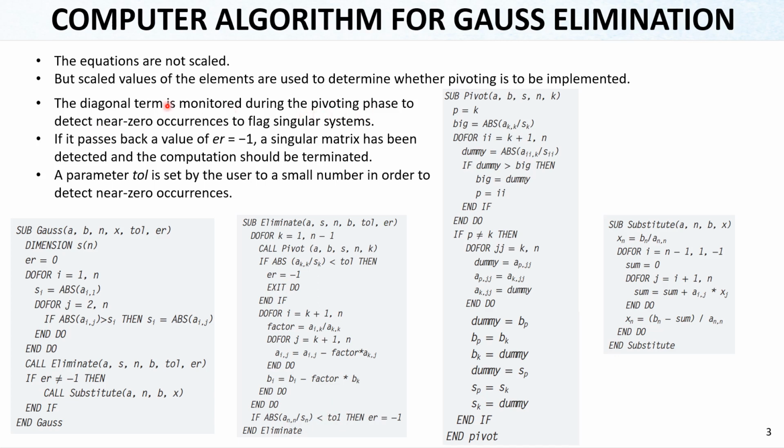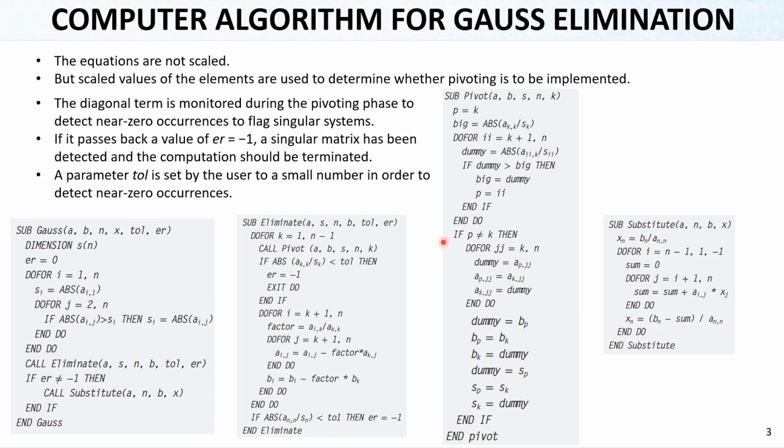Or in the pivoting we will have a near zero occurrence. If it passes back a value of r equals -1, a singular matrix has been detected and computation should be terminated. So that criterion is here. And the tolerance is set by the user to a small number to detect near zero occurrences, as we said. And here as well, we should check here too.